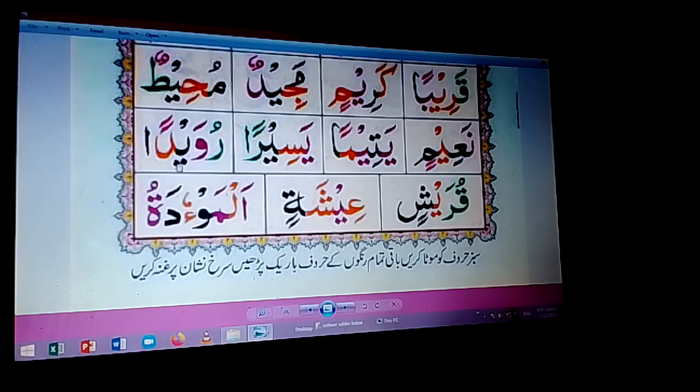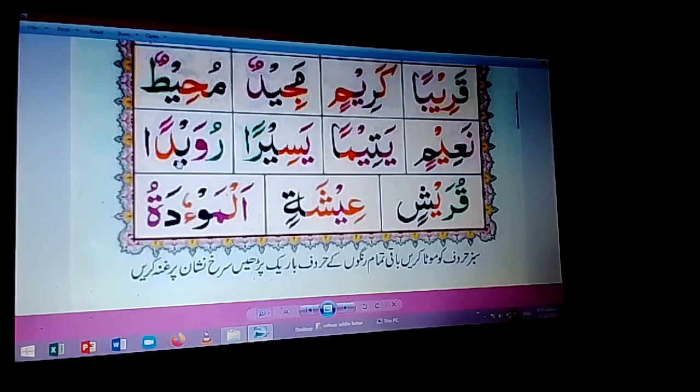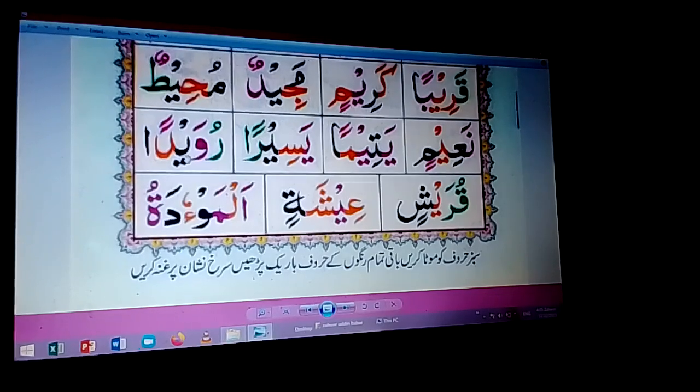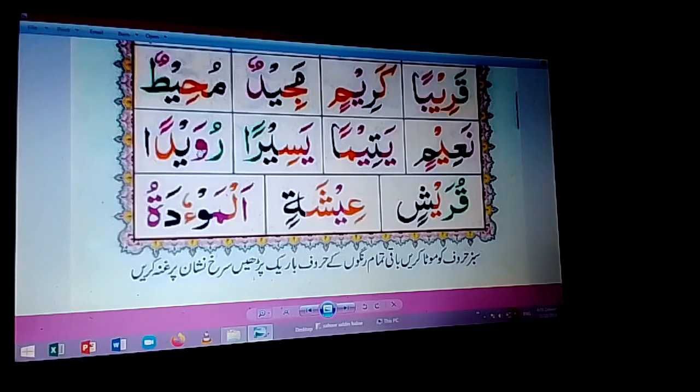Why? Because we learned a condition for ya silent, and that was that there should be kasra before ya silent. So this is ya silent, but before it there is no kasra. Before this ya silent there is waw.